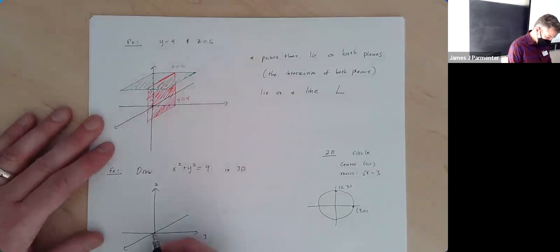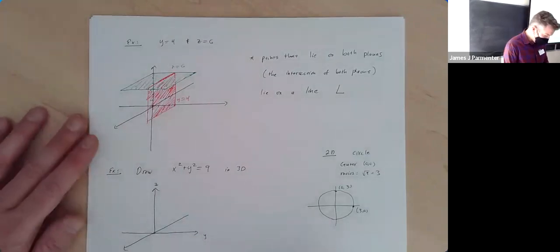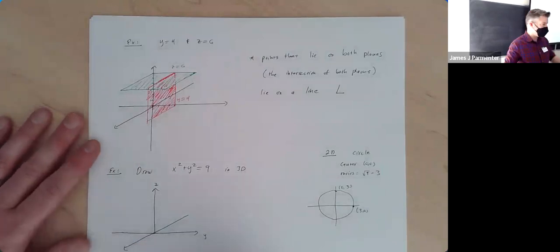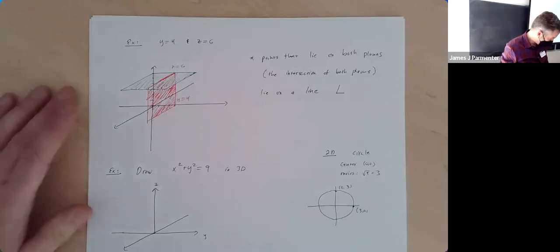So I'm going to draw my circle of radius 3 in the xy plane, which is always a little bit challenging, right? It's hard to draw circles flat because you're going to have to change your perspective. So we'll try and draw this flat.